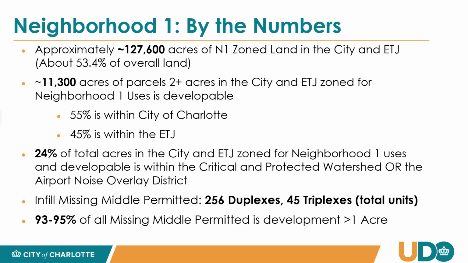That 300 number only represents about 5% of the total number of duplexes and triplexes that we have seen in permitting. It moves between about 5 and 7%.